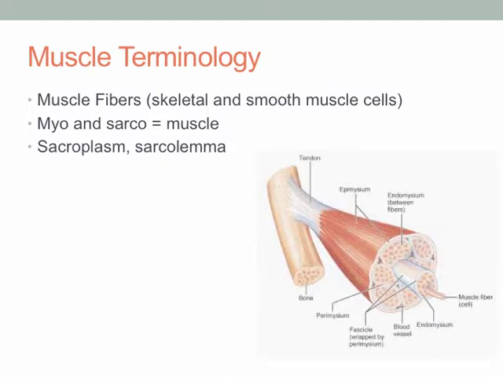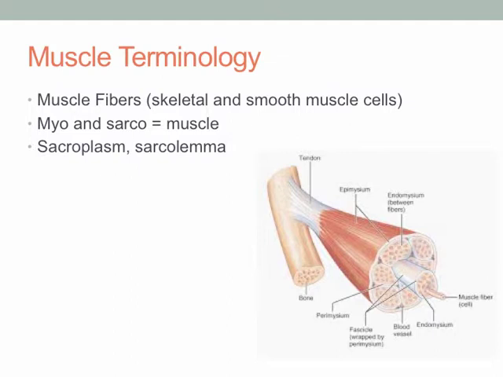This is the case because skeletal and smooth muscle cells are very elongated. Okay? So they look like fibers. So when I say muscle fiber, I'm referring to a muscle cell, usually a skeletal muscle cell, but also possibly a smooth muscle cell. Skeletal muscle cells are very long, and these fibers or cells can be between 1 and 2 feet long in some of our longer muscles, like the sartorius muscle.